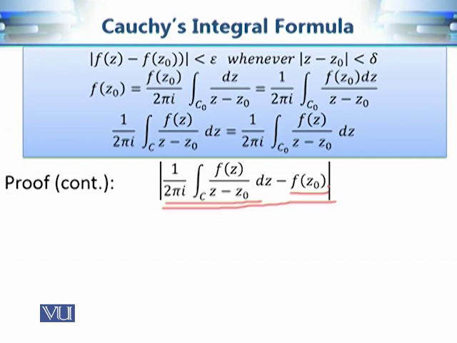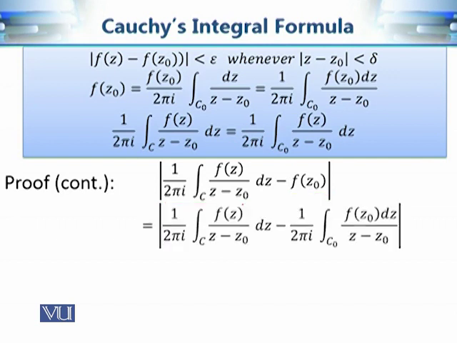In other words, we want to show that the distance between these two quantities, f of z naught and this contour integral, is as small as we want. So it is less than some number epsilon, and epsilon can be as small as we want, and hence these two quantities are equal.